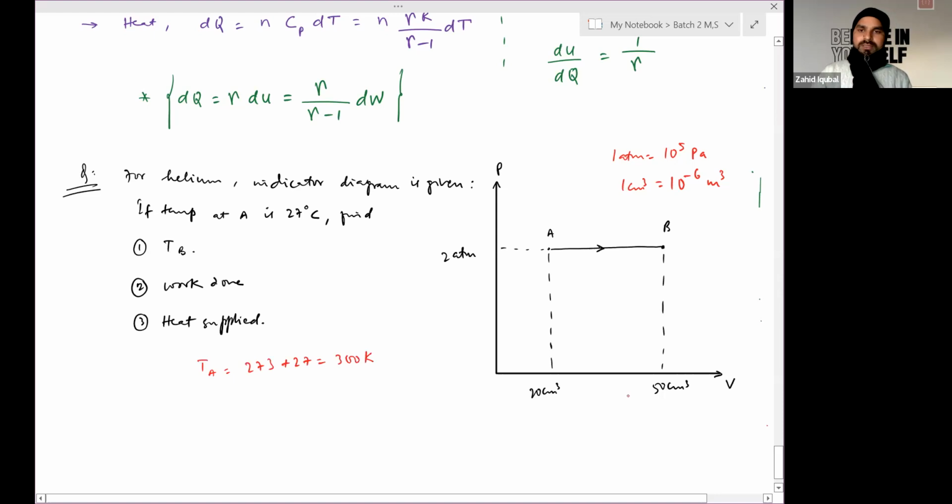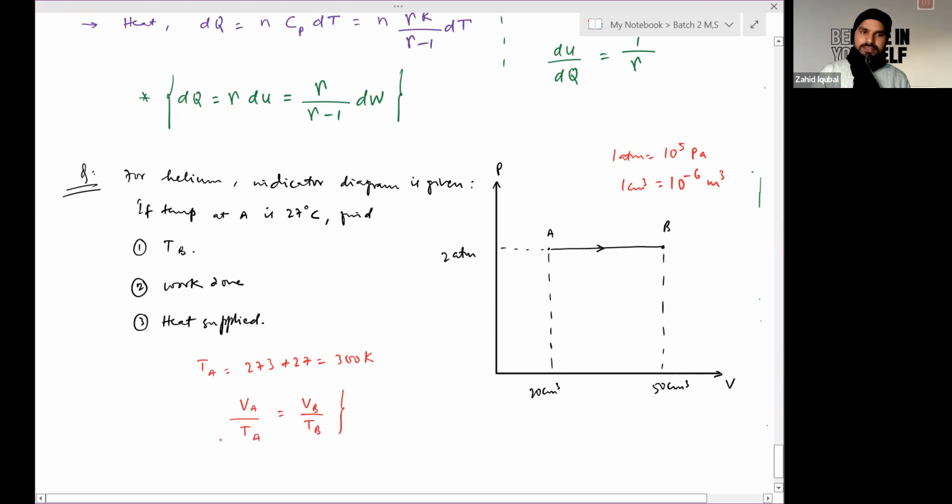Now we have to calculate temperature at point B. This whole process is an isobaric process, that is, pressure is constant. At constant pressure, volume and temperature are directly proportional to each other. So we can write the equation of state for this process as V1 by T1 equals V2 by T2.